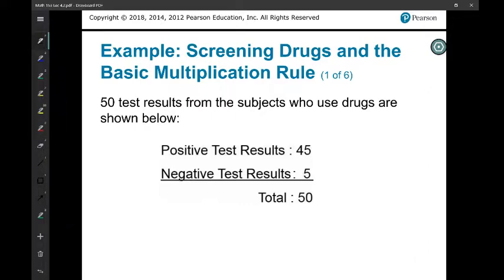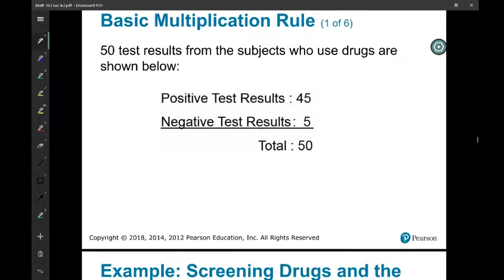Look at an example involving screening for drugs. 50 test results from the subjects who use drugs are shown below. Positive test results, 45. Negative test results, 5. For a total of 50 drug users.